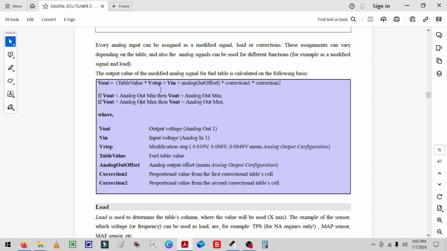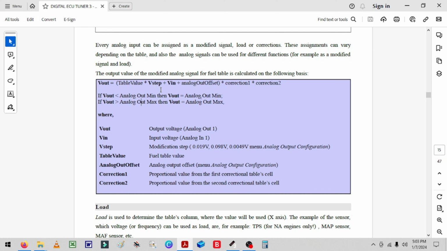So what am I trying to tell you? Are you going to need to sit down with a pen and paper and do a bunch of equations to figure stuff out? No, you're not. It's going to do it all for you very quickly, as a matter of fact. But just know that all the changes happen. See, it tells you what it is. Voltage out equals output voltage from analog out 1.